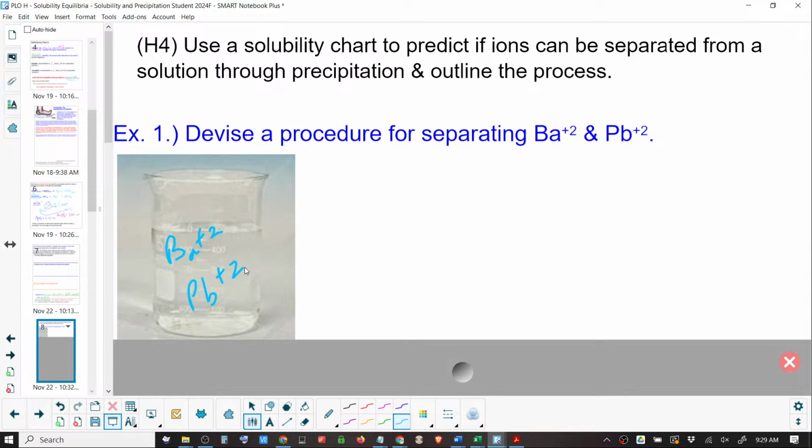What's lead salt? Make lead salt. Wait, do we have to precipitate both? Eventually you want to precipitate both of them, but you want to precipitate them separately.